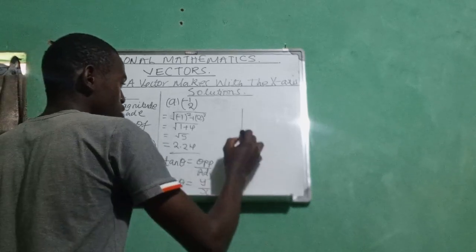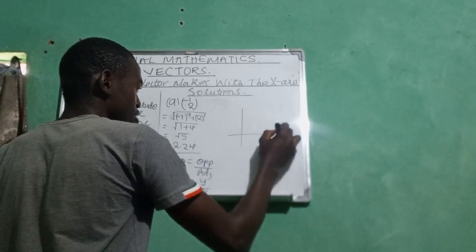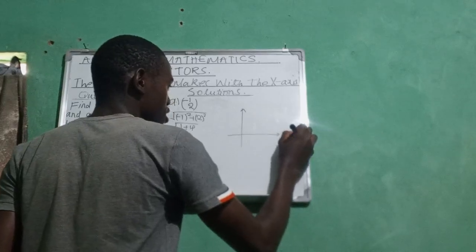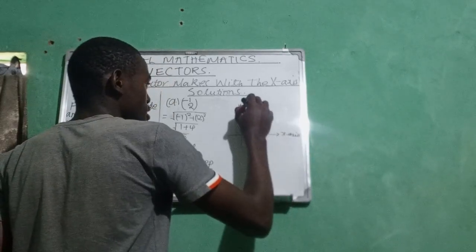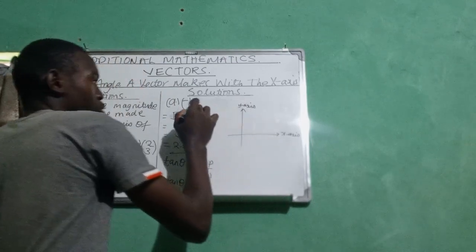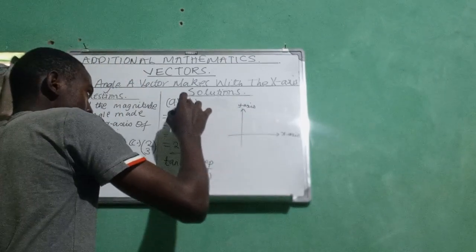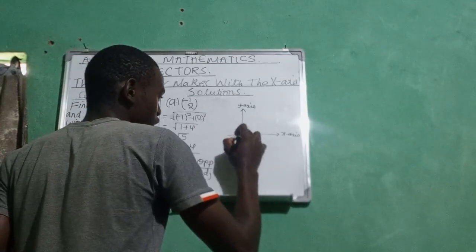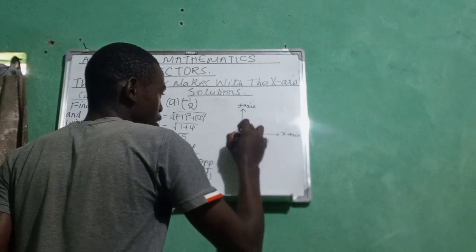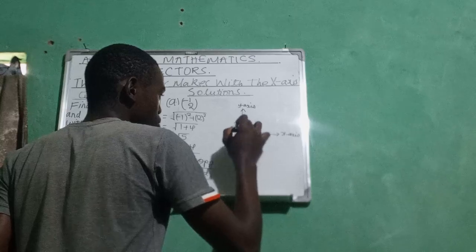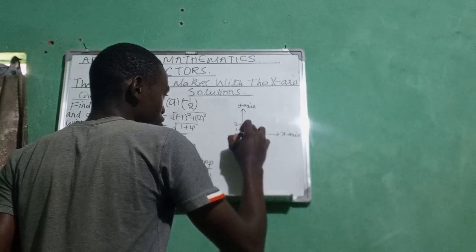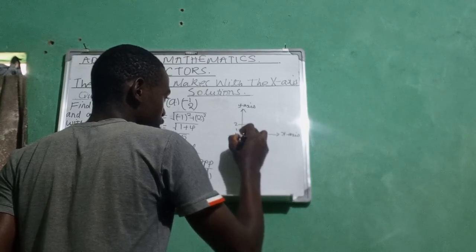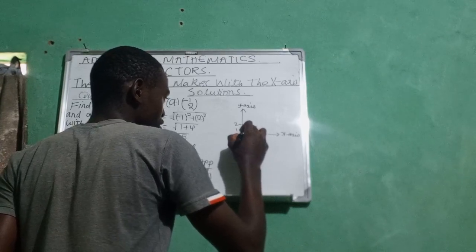If we draw the x-y plane like this, this is the x-axis, this is the y-axis, and then if we are to plot (-1, 2), it means we're moving to -1, there's a 0, then 1, 2. Just think of it as a position vector because it's the easiest way to picture it in your head.